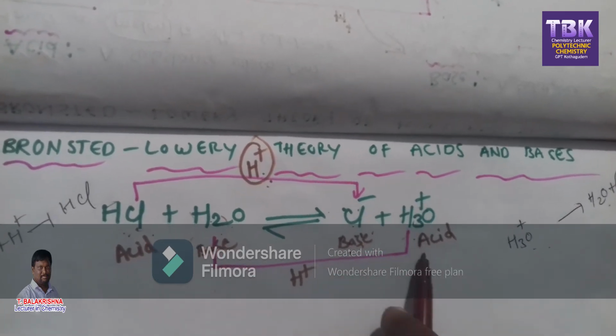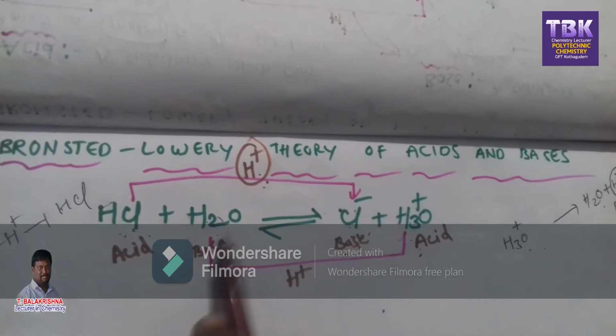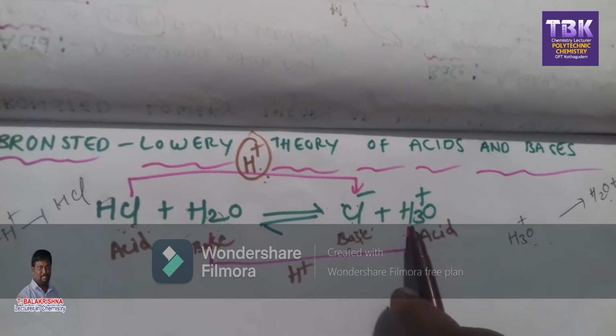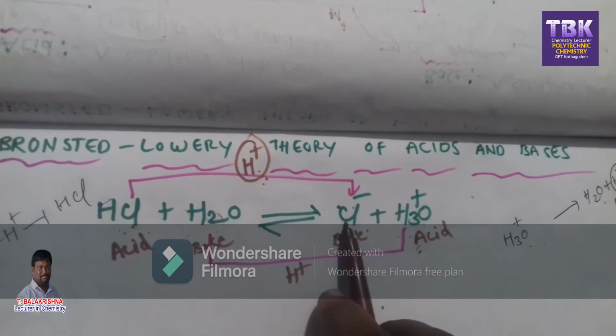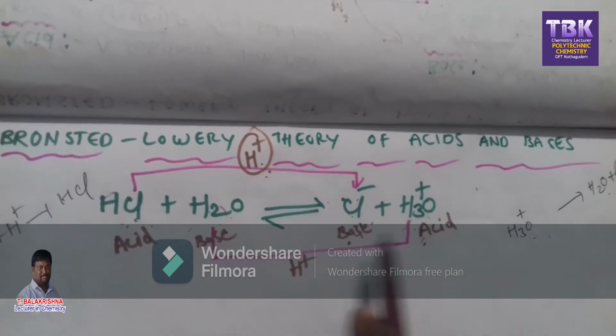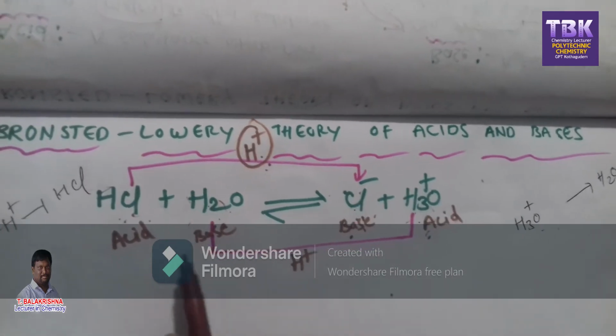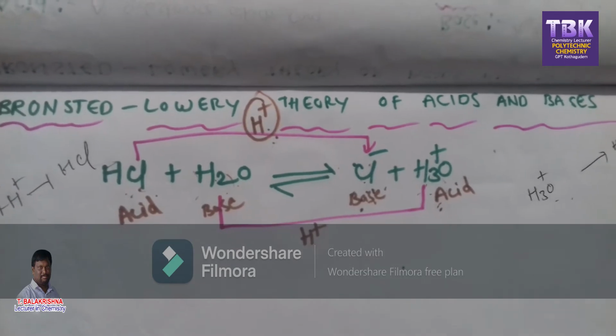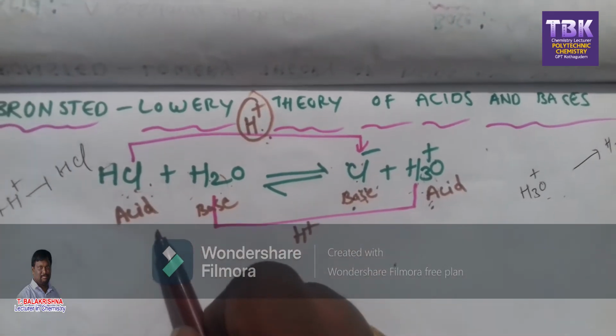Here the H3O plus ion is converted into H2O. When it loses the proton, it donates a proton to another substance, so that is called an acid. So when you compare this equation, you observe one simple point. Here HCl is an acid.